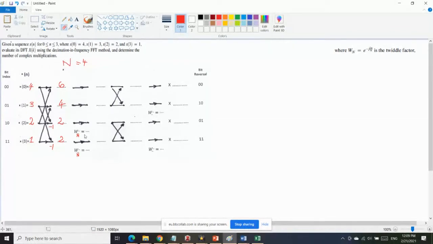So the twiddle factor here will be W4. Okay, the power will be to the power of 0 here, to the power of 2.